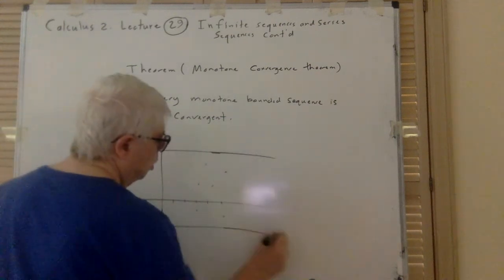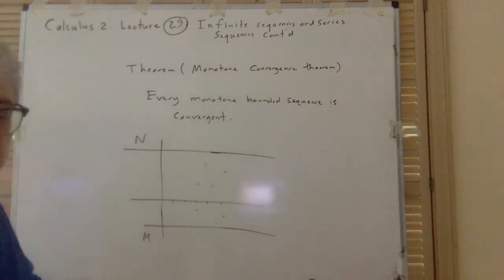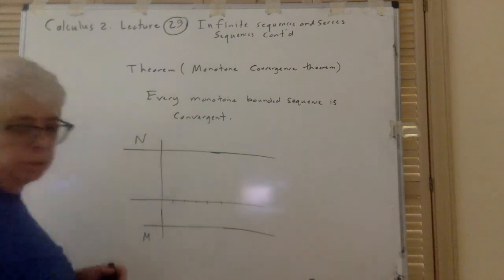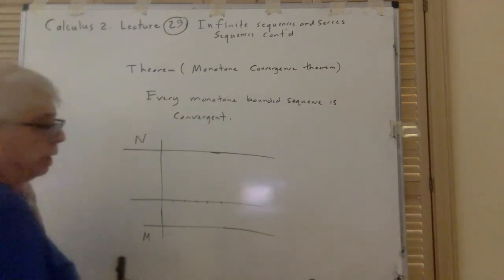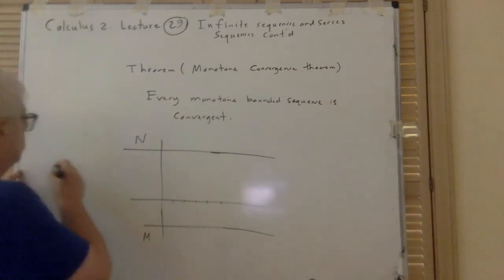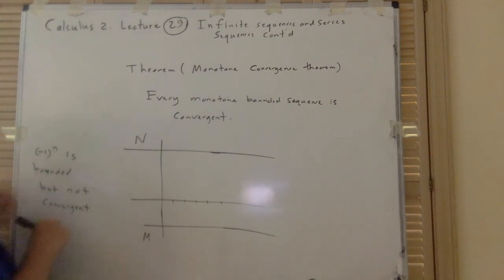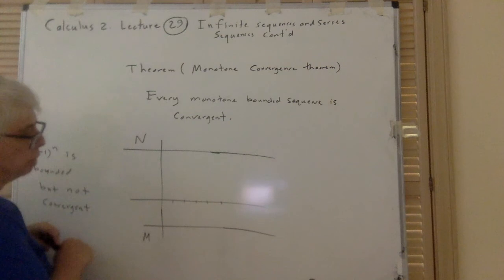But that's not enough. Being bounded is not enough. Why? Just look. The sequence (-1)^n is bounded, but not convergent. So this sequence is bounded, but it's not convergent.